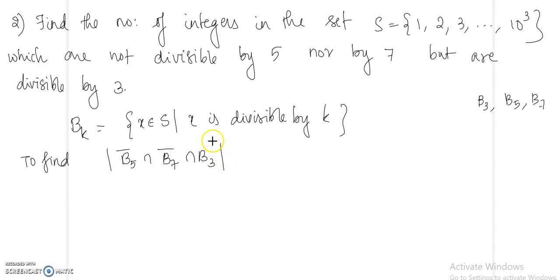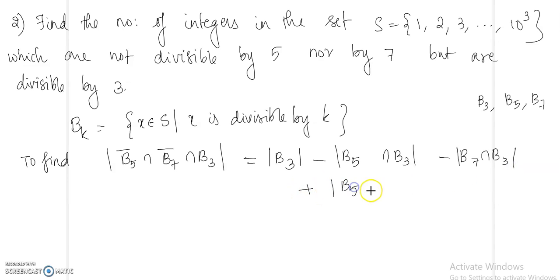So it is in the form of the property we have seen now, A complement intersection B complement intersection C. So that will be equal to the cardinality of B3 minus the cardinality of B5 intersection B3 minus B7 intersection B3 plus B5 intersection B7 intersection B3.